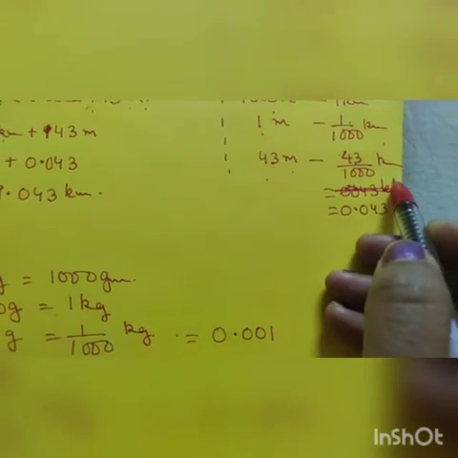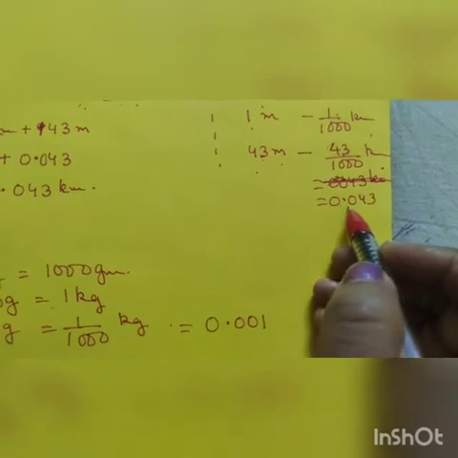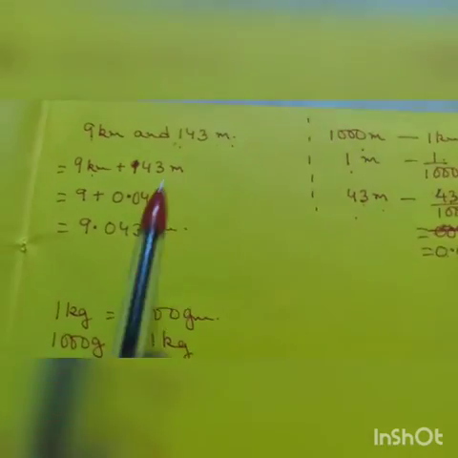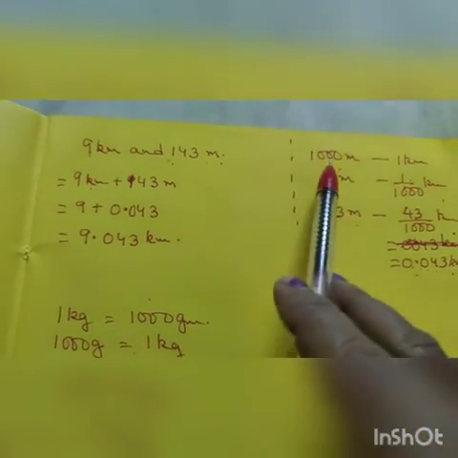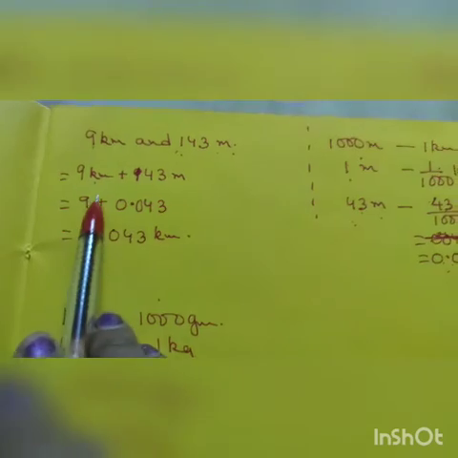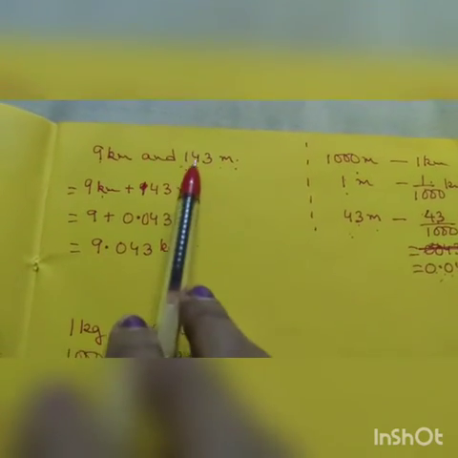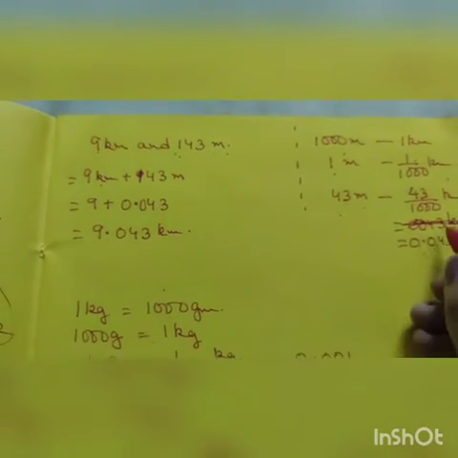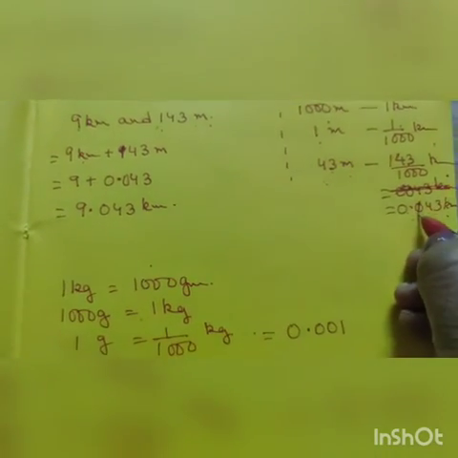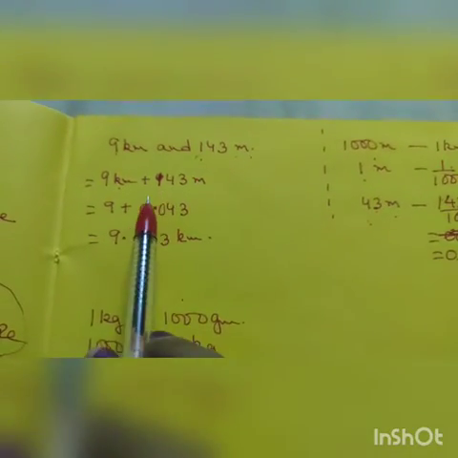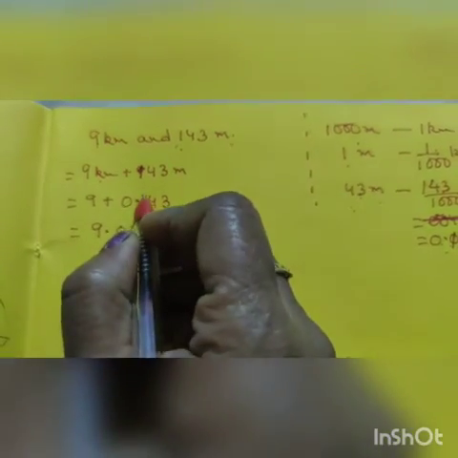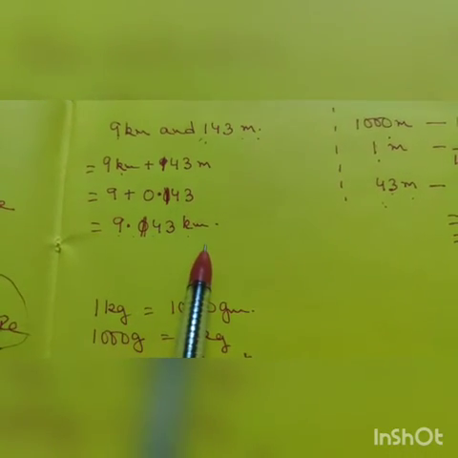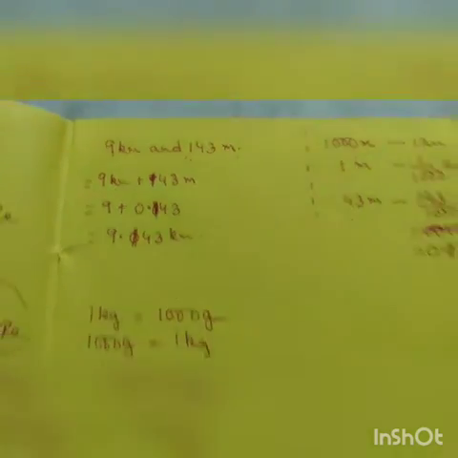It will be represented in kilometer, so it will be 0.143 kilometer. Now that we have converted the meters into kilometer, we can add the 9 kilometer and 0.143. So 9.143 kilometer. After adding, we get it this way.